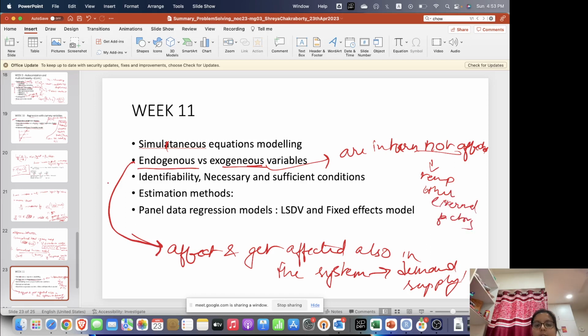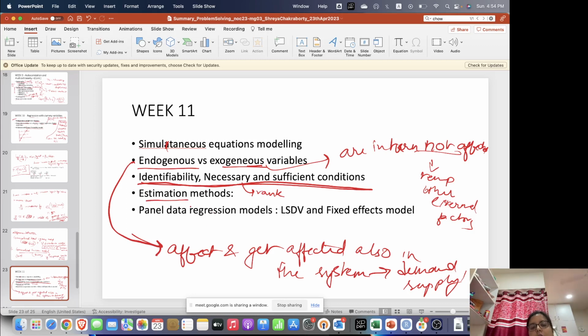Okay, and then this is also very important: the necessary and sufficient conditions for identifiability. If you remember, there was the rank order condition which tells us in a simultaneous equation system which equation is identifiable.